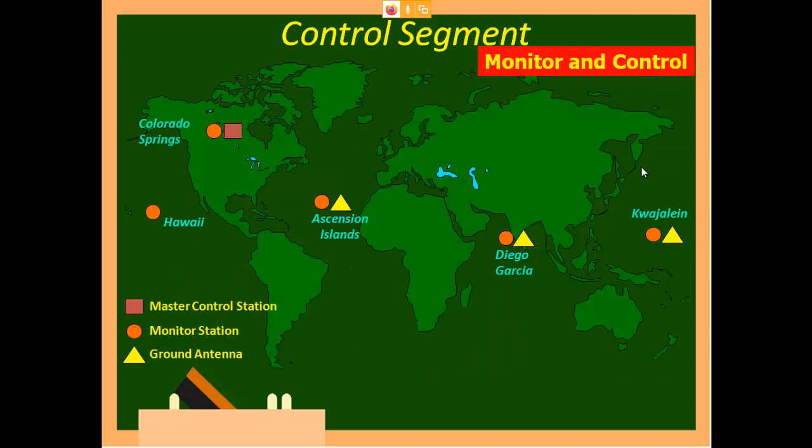Okay, then motion and control. So see here, 1, 2, 3, 4, 5 places in the world they have kept monitor stations, and in these 5, all the locations act as monitoring stations. Okay, a ground antenna is anything through which you want to send a signal to the satellite, you can send.